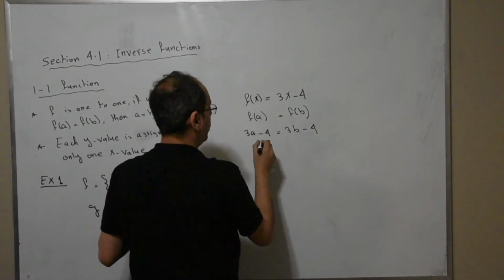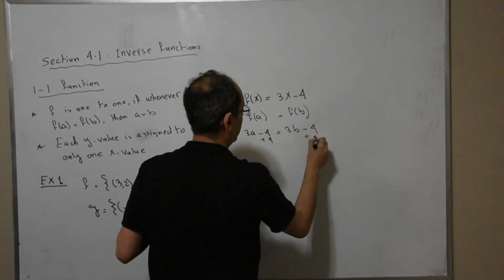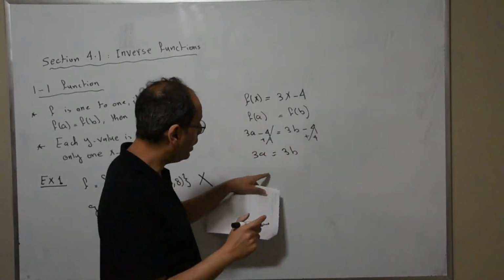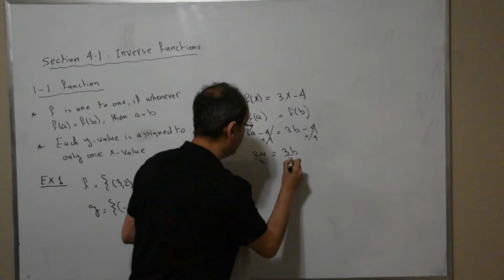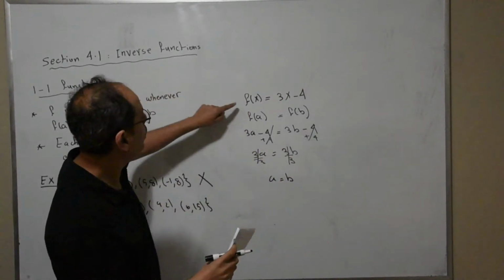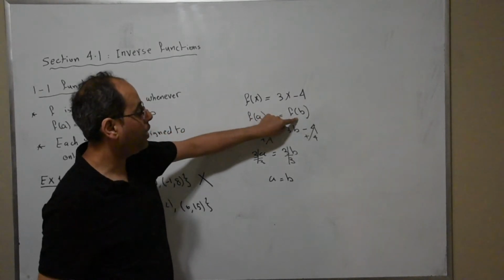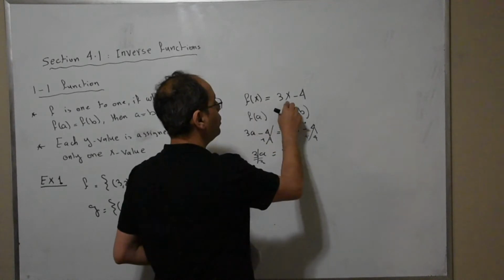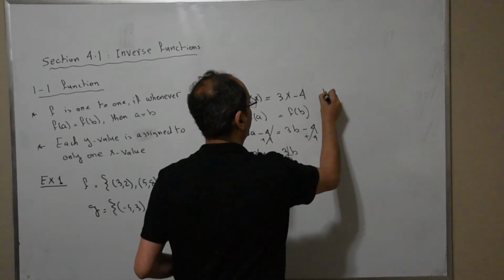Add 4 to both sides, so I have 3a equals 3b, and now we divide both sides by 3, so I have a equals b. Therefore, when f of a equals f of b, then a equals b. Therefore, f of x equals 3x minus 4 is one-to-one.